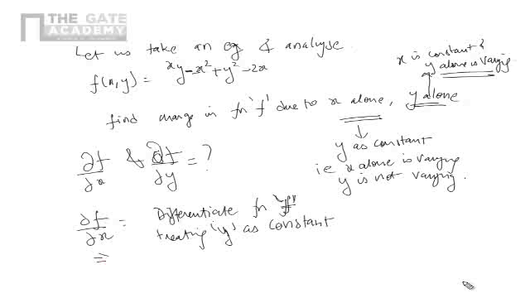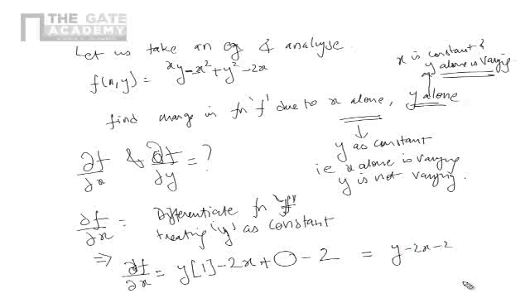Means what? I treat y as constant, so I get y into differentiation of x will give me 1, minus differentiation of x square will give me 2x, plus y square is a pure y term, so y is like a constant, so constant on differentiation will give me 0, because y square will change with respect to y only, it will not change due to x, minus 2x on differentiation with respect to x will give me 2. This is nothing but y minus 2x minus 2.